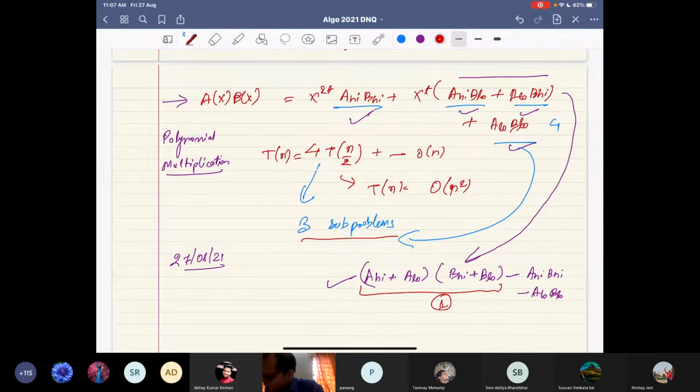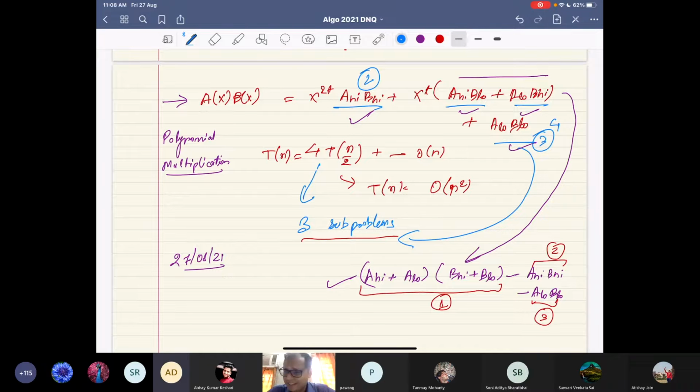You add and multiply, only one multiplication. This is 2. This is 3. And then you have AHI BHI, that is nothing but 2, and ALO BLO is nothing but 3. So you have to do only 3 multiplications, right? And that's all, just by doing an extra addition.